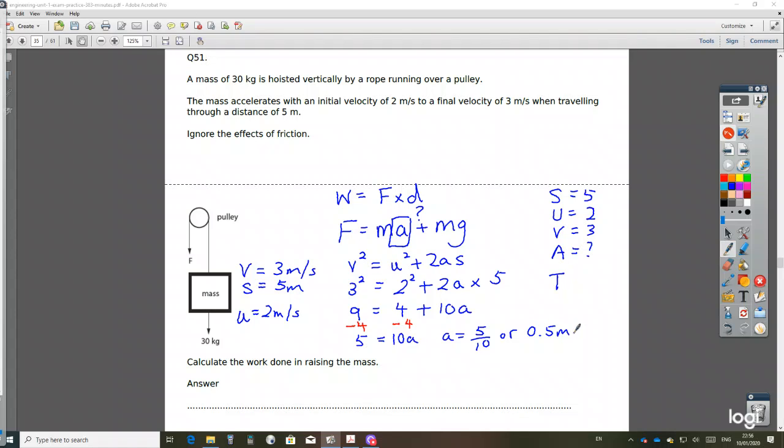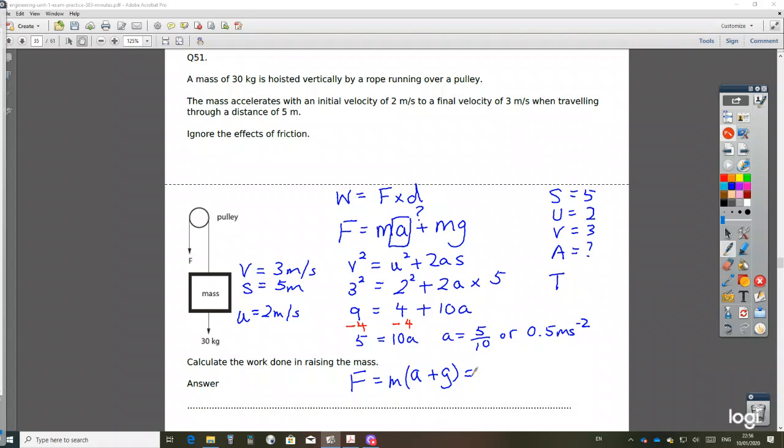Okay, so now we've got a, we have everything, so we can go ahead and find F. So force is mass. Now I can be a bit clever and bring this m outside the bracket and say m times a plus m times g, like so.